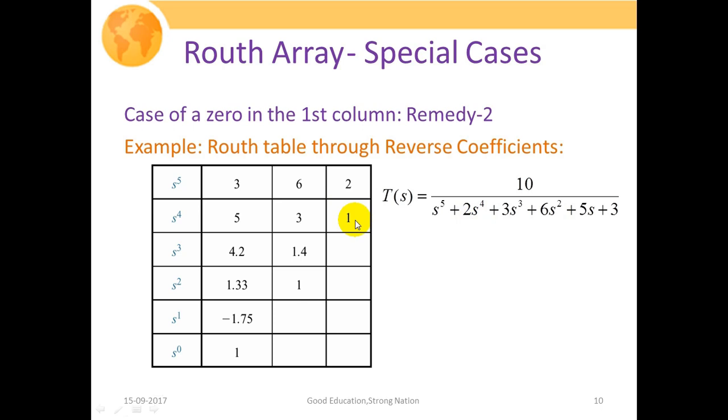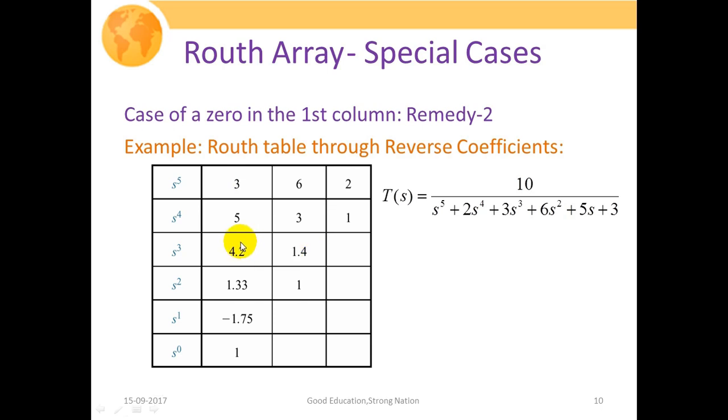And now we'll follow the same steps in order to calculate the Routh array. So this element turns out to be (5 times 6 is 30, minus 3 times 3 is 9) divided by 5, which leaves 4.2. Then similarly, the next value is (5 times 2 is 10, minus 3 times 1 is 3) divided by 5, which turns out to be 1.4.